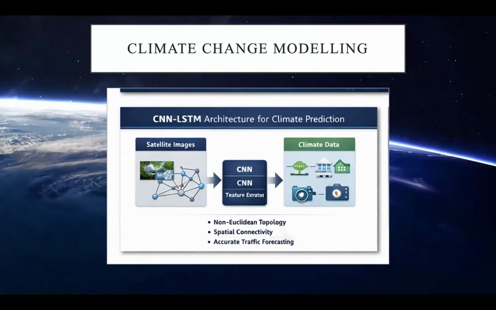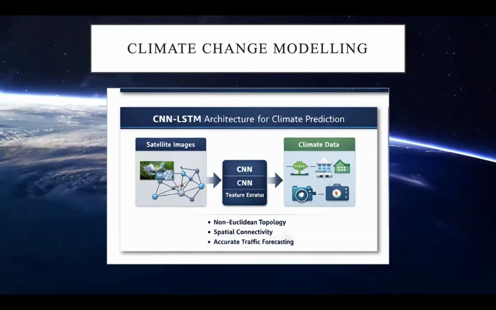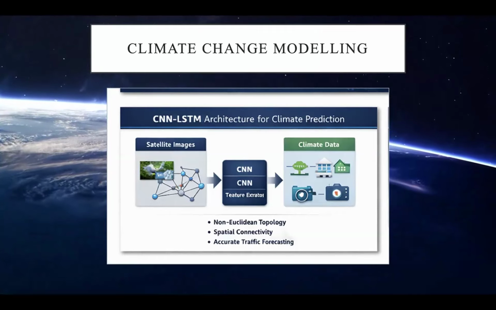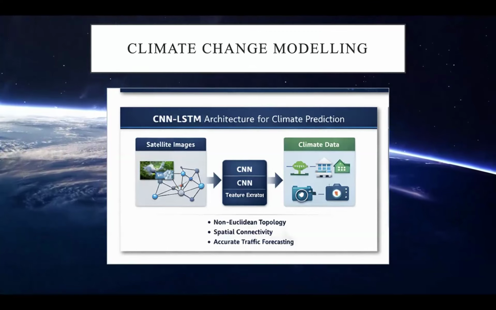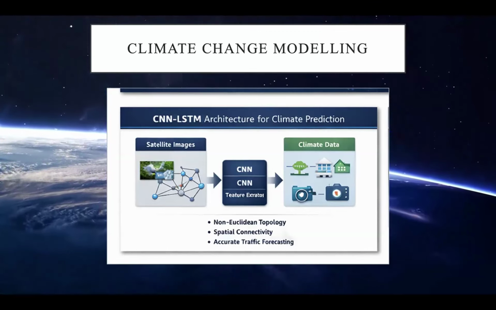Models such as CNN-LSTM architectures are effective for extracting spatial patterns and temporal trends from climate data. More recently, transformer-based models and physics-informed neural networks have gained attention for their ability to capture long-range dependencies while respecting the laws of physics. So it is completely based on the laws of physics.